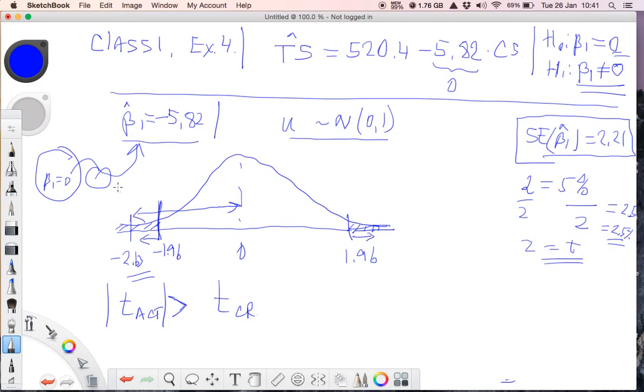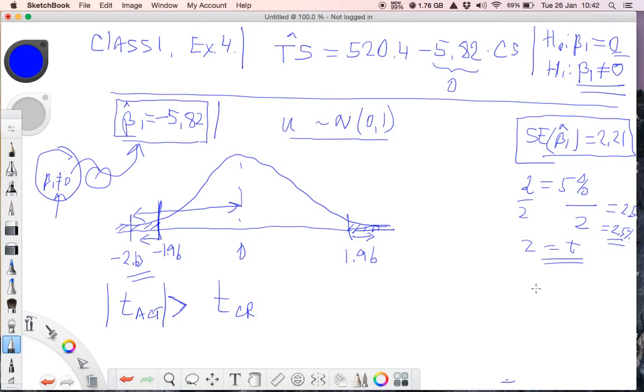It turns out, given the beta coefficient, that if the hypothesis were true, this would not be a population with a mean of zero. This whole population doesn't have a mean value of zero. So in that case, we simply conclude that the effect of class size on test scores is significant at 5%.